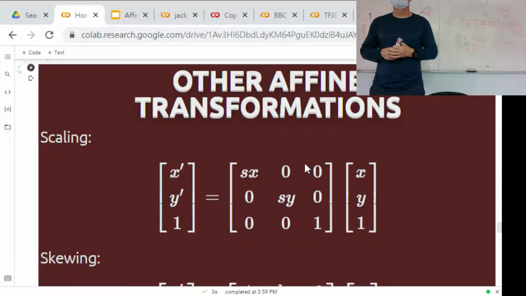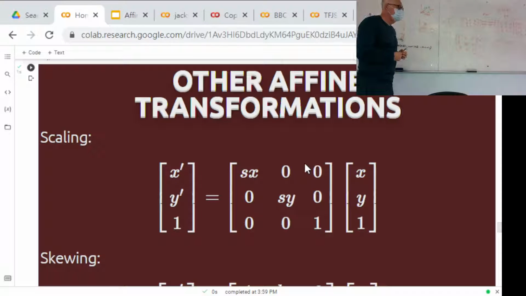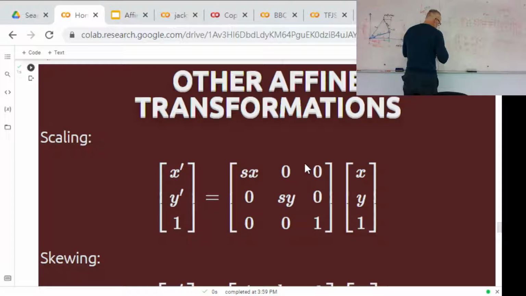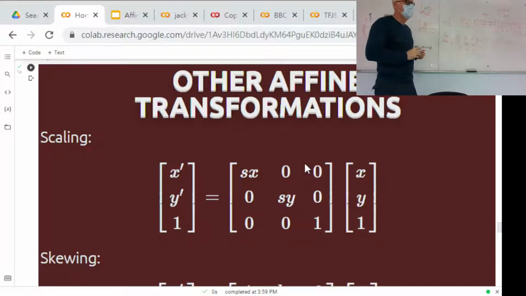Scale, yes. So what does it mean? Yeah, it's a squash, right? Because here I end up with 3x and 0.5y. So if it's before at 1, it'll go to 3. If it's before at 2, it'll go to 6. So before they're 1 unit apart, now they're 3 units apart.